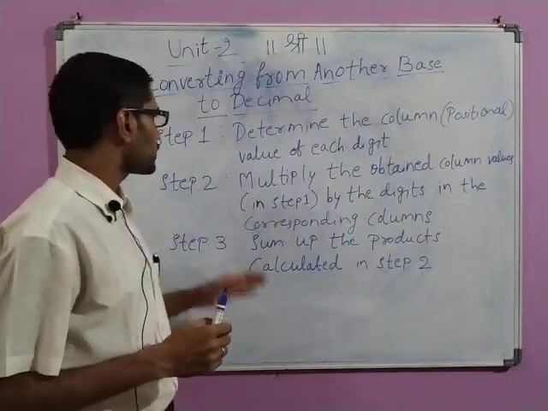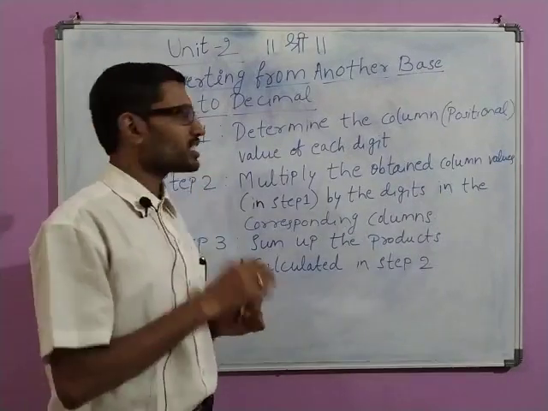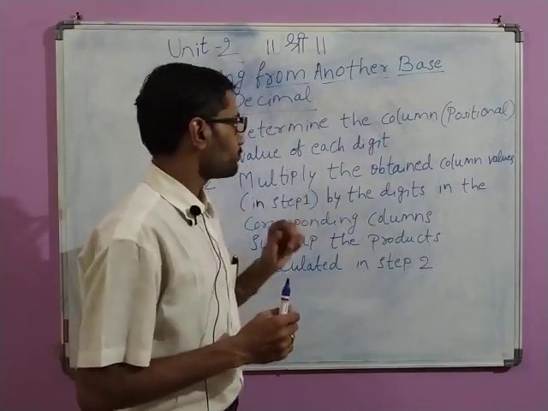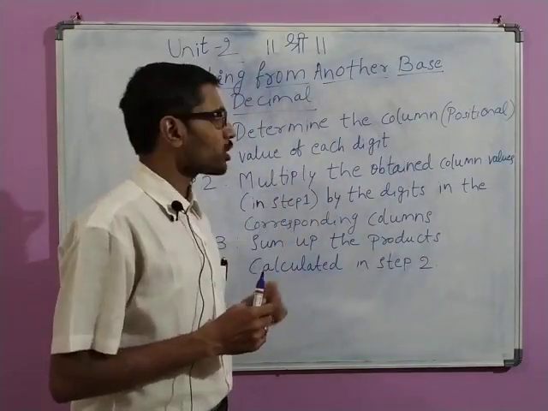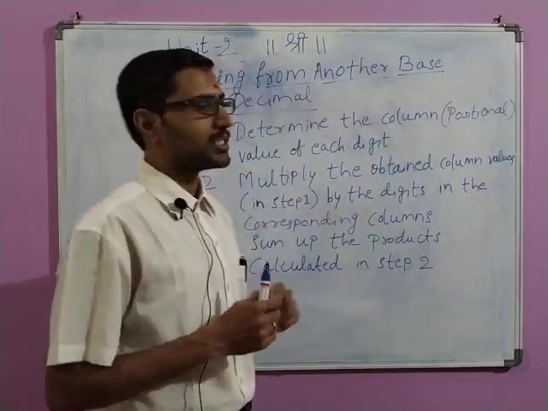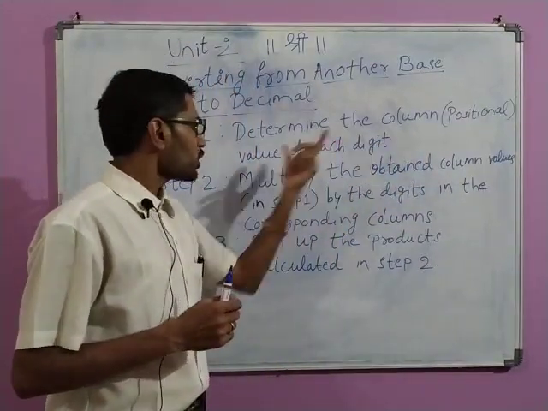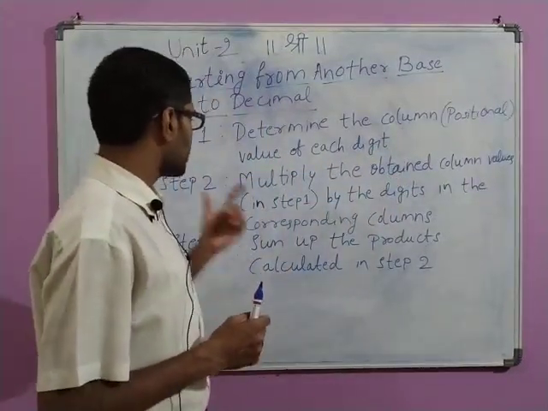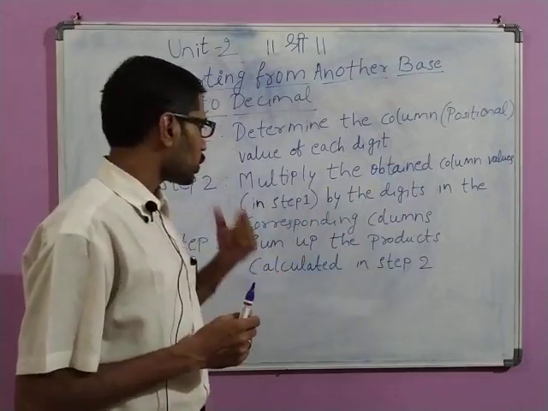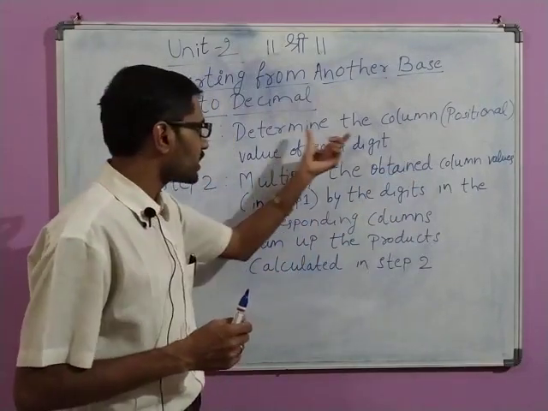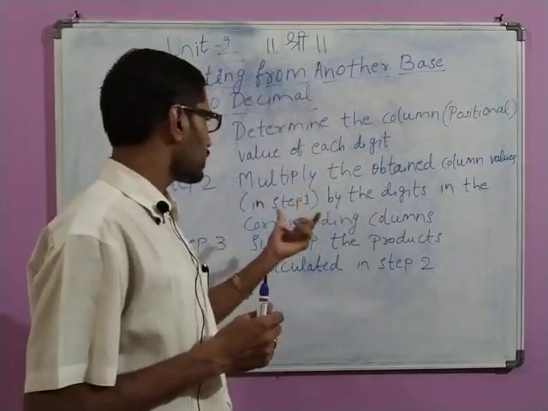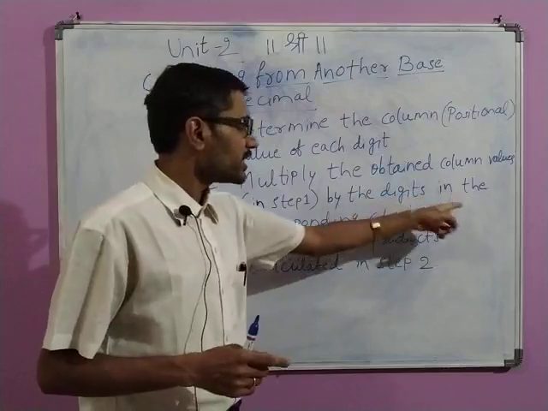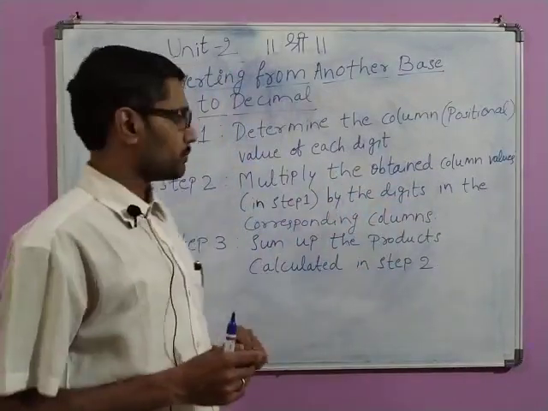Coming to the steps involved, we have 3 steps here. The first step says: determine the column value, or the positional value, of each digit. Then multiply the obtained column values in step 1 with the digit present in the corresponding columns.